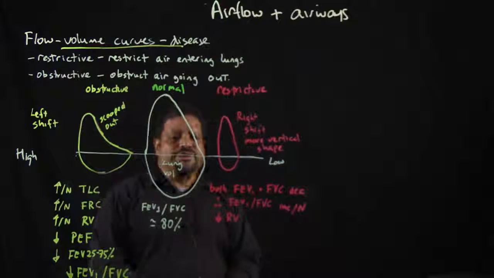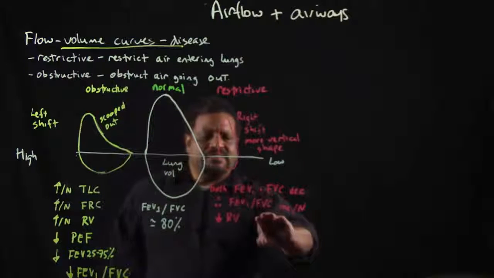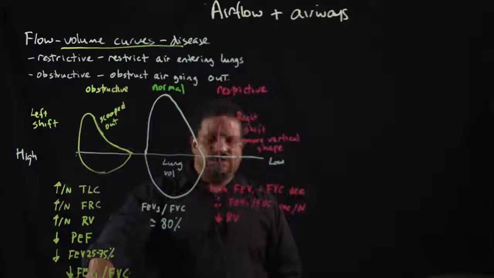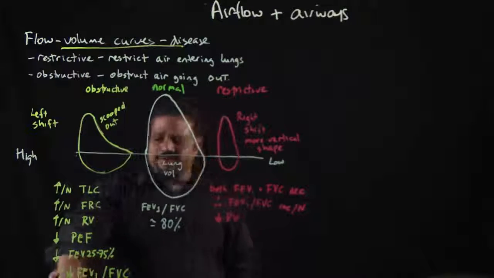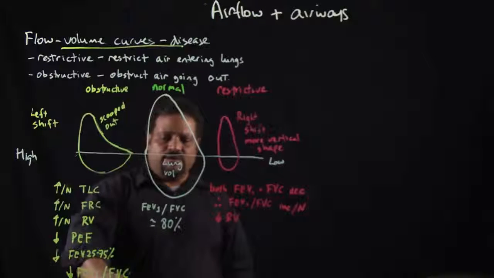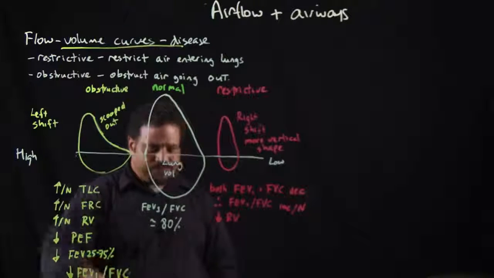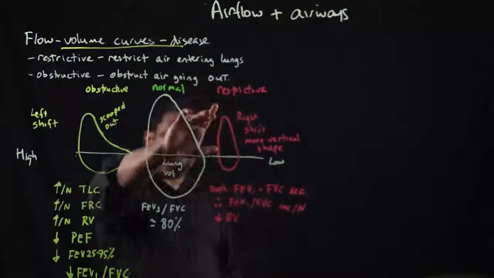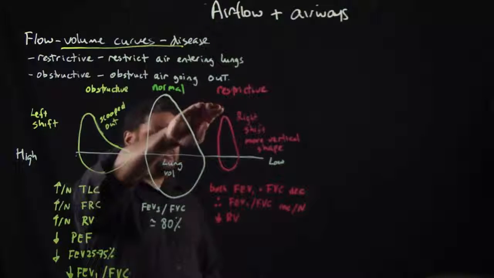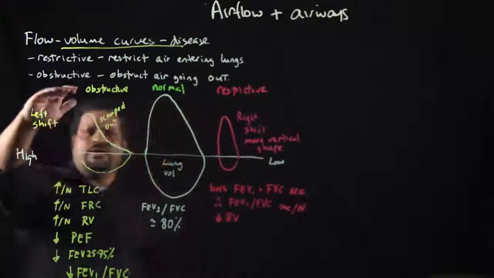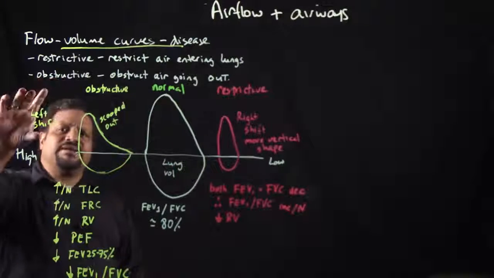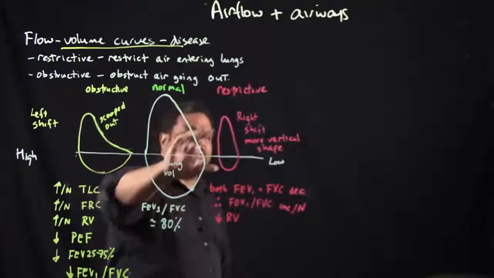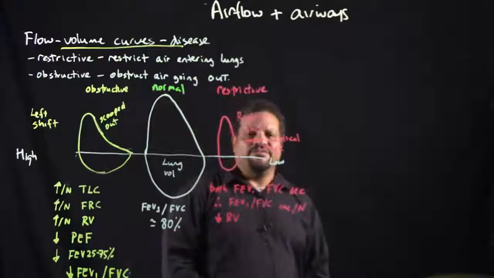The FEV1 to FVC is increased or normal, and that is in contrast to the obstructive, where you have a decrease in the FEV1 to FVC ratio. So in the center, we have the normal. In the red, we have a right-shifted restrictive disease. In the yellow, we have obstructive, which is left-shifted. The obstructive has a scooped-out shape and can tend to be a little bit wider, and the restrictive tends to have a more vertical shape.